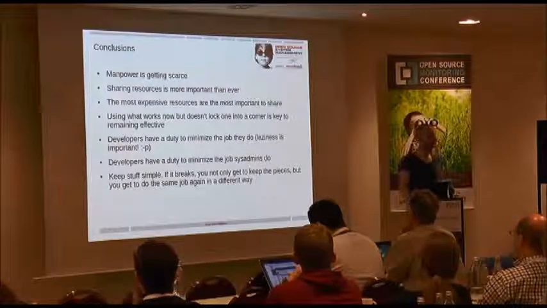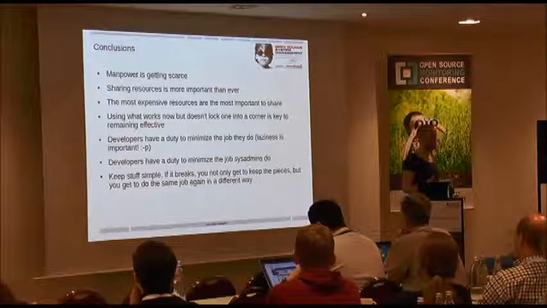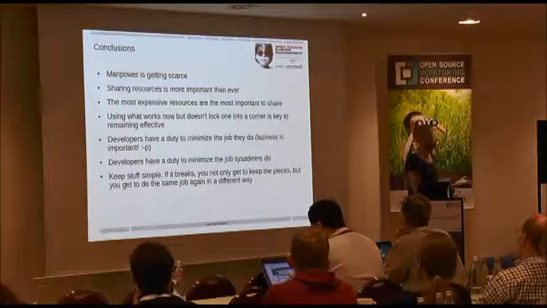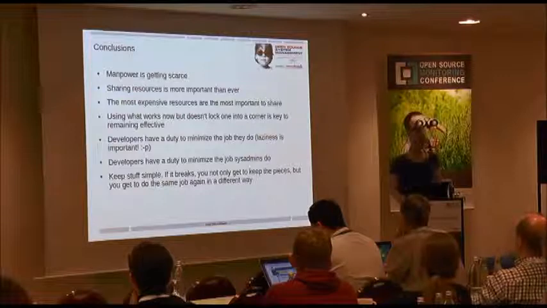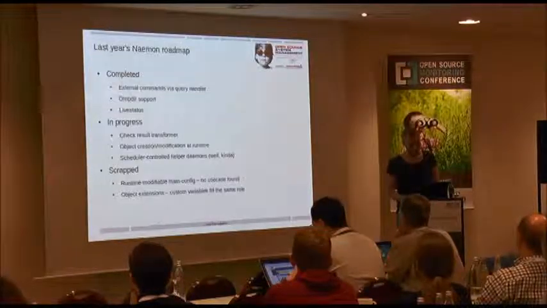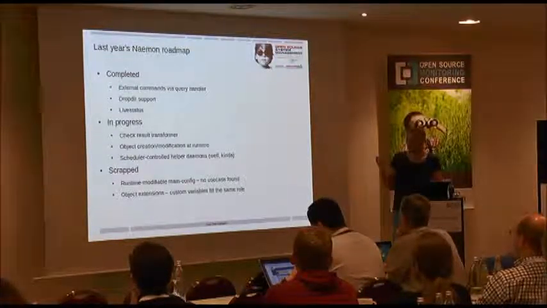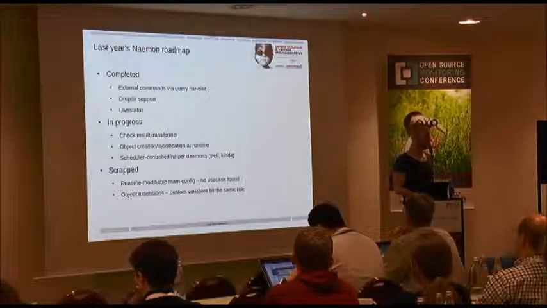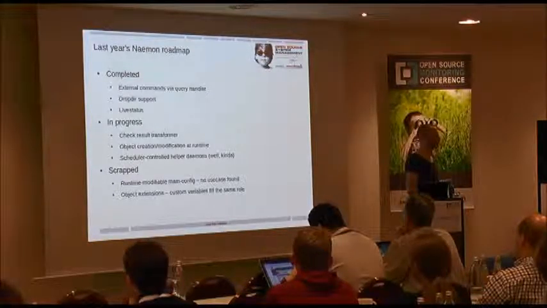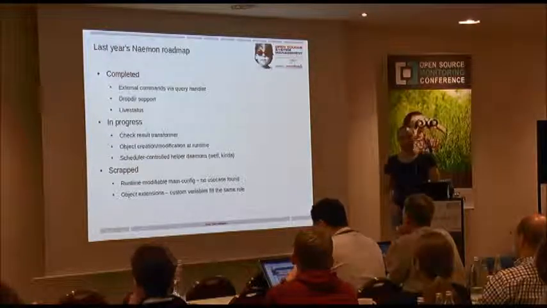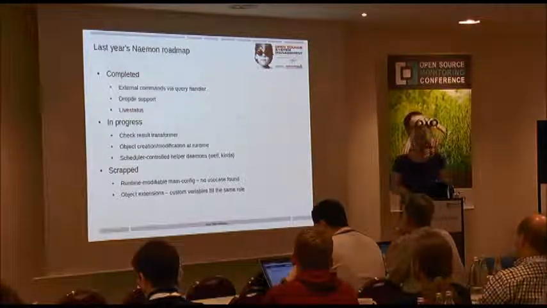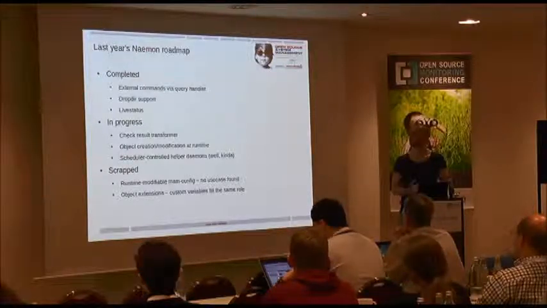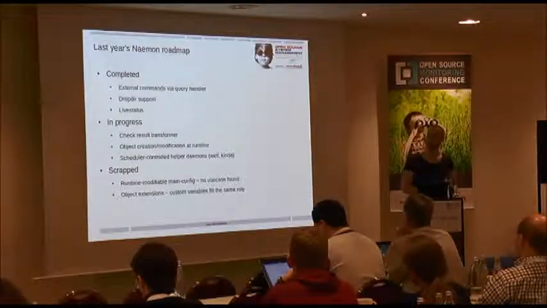So with this in mind, how IT has developed, I was looking at this because I was looking over the roadmap, how it has changed from 2005 about to today. So with that in mind, having programs that manage servers talk to each other means that it's an important feature. Last year's Naemon roadmap looked about like this.